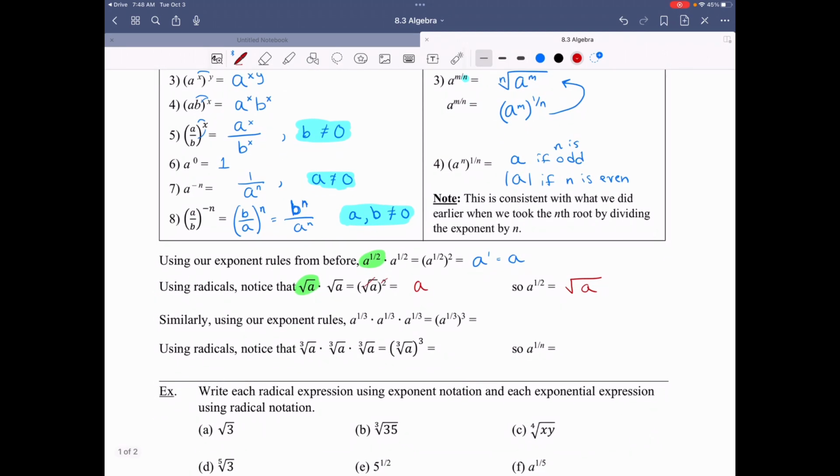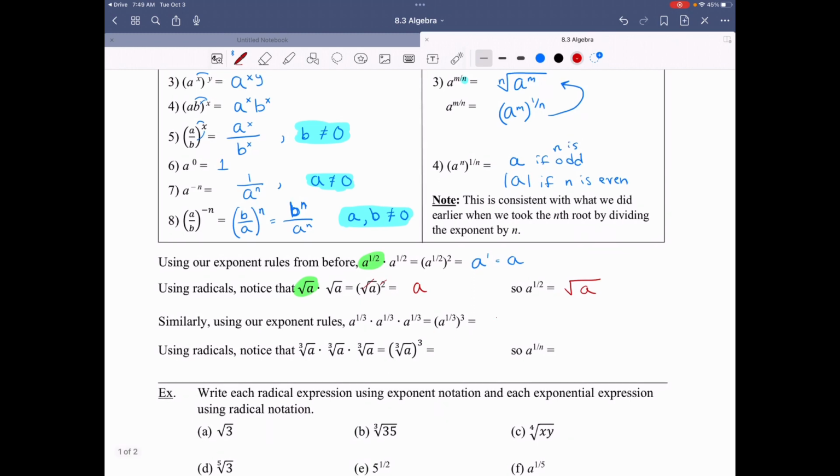Similarly, using the exponent rules, a to the 1/3 times a to the 1/3 times a to the 1/3 is equal to a to the 1/3 to the third, which is a to the first, which is just a.